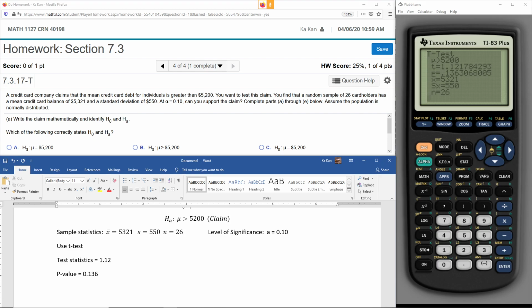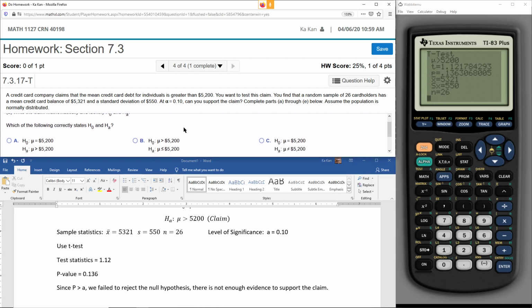So since our p-value is bigger than alpha, if it's bigger, then we fail to reject. We fail to reject the null hypothesis. There is not enough evidence to support the claim. So let's answer the questions.